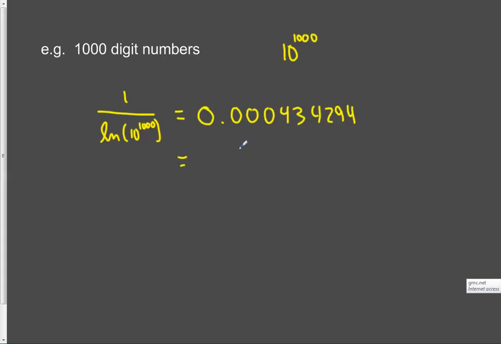Put another way, that's about 1 over 2,303. So when you're talking about 1,000-digit numbers, the primes are few and far between, and you get one prime about once every 2,300 numbers. Okay, so they're really rare at that size of number, but they're still out there, and about 1 in every 2,300 numbers is prime at that point.